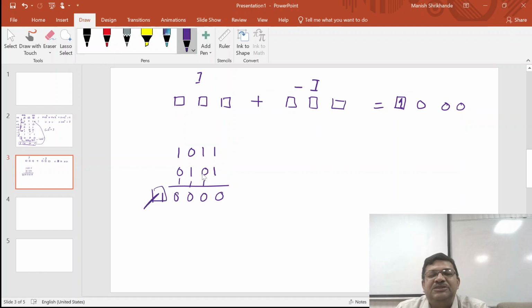And this is discarded. So you have plus 5 minus 5 adding up to yield 0 for all practical purposes. Right? No further complication, no further compensation required for taking care of the arithmetic, which would be essential if you had used biased representation, that is constant offset.